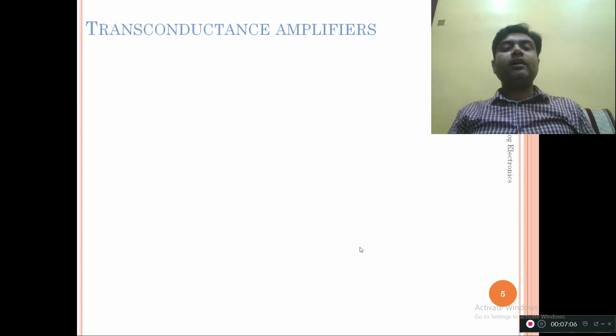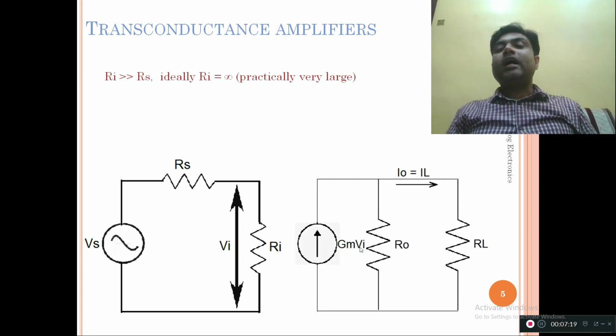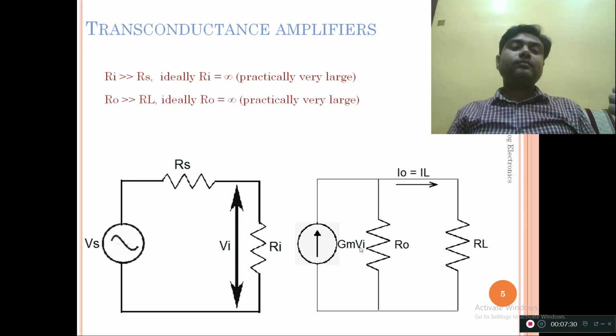Again, I am repeating, the input should be the same as the case of the voltage amplifier, where we have seen that the value of Ri must be greater than Rs, and the output must be the output circuitry of the current amplifier, where we have seen that the RL must be less than RO.